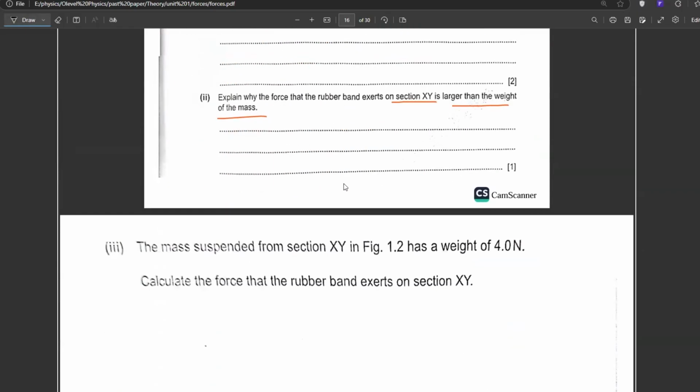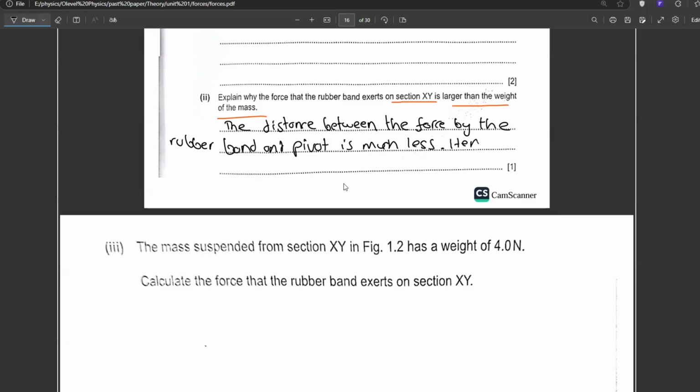So you can write here, you don't need to write this entire story. You can just say the distance between the force by the rubber band and the pivot is much less.